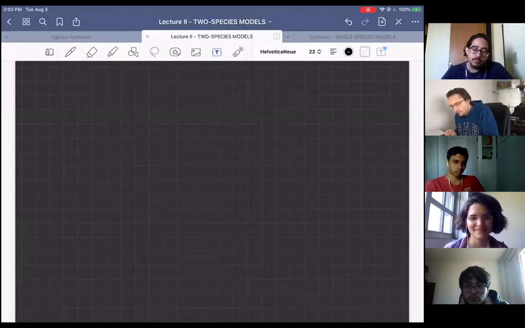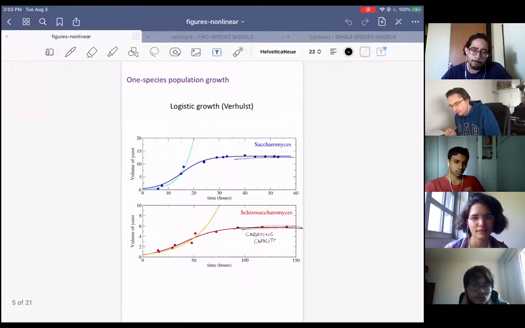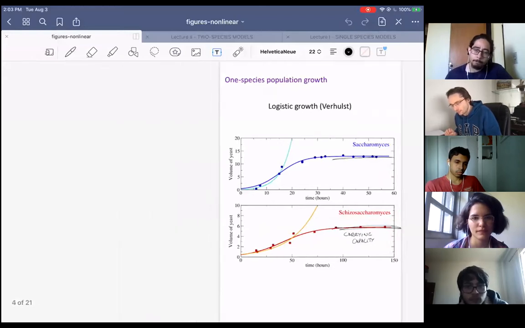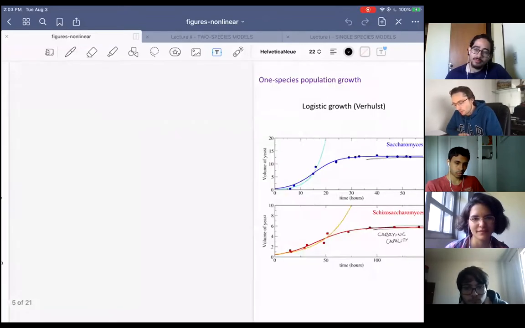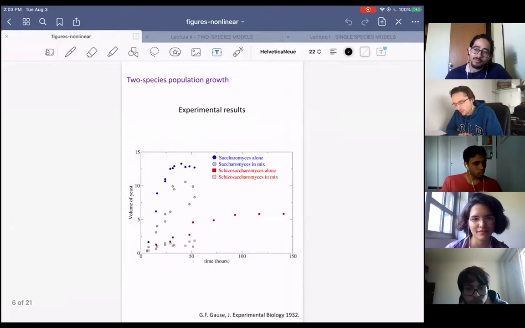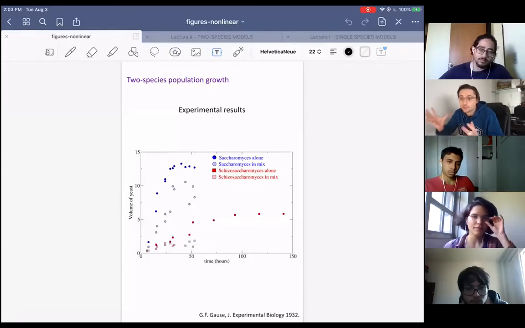Something that yesterday was motivating us was the growth curves that we saw experimentally in Gause's experiments. Today, we are going to revisit a second set of experiments that he also did, where the only new thing he did was to mix the red and the blue cells, so to say.